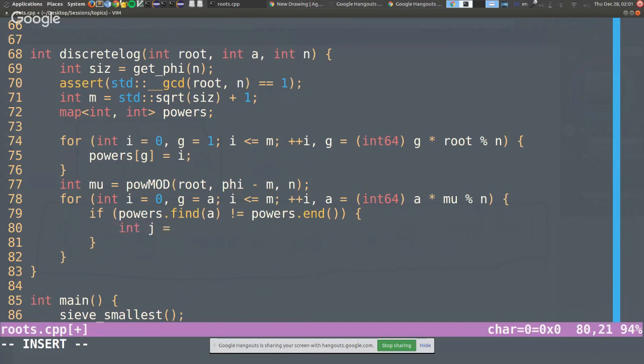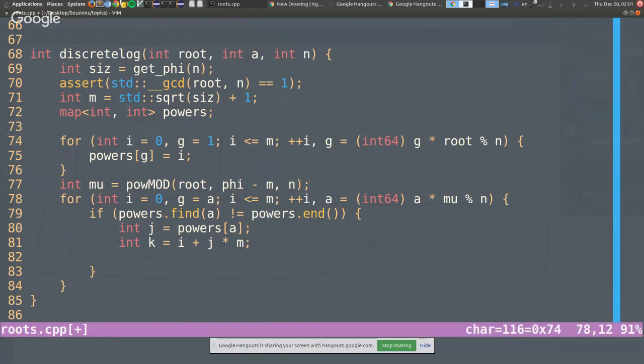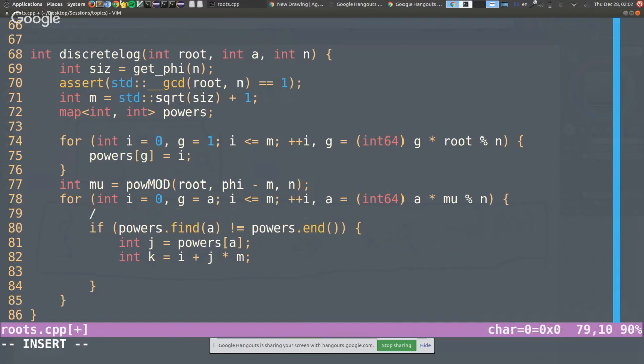Here we have the int j is a. We already have the i here. So here we have k, which is the solution to our problem. Just to make sure I'm not mixing up the n and j, we want to check p of new size equal to p of j.